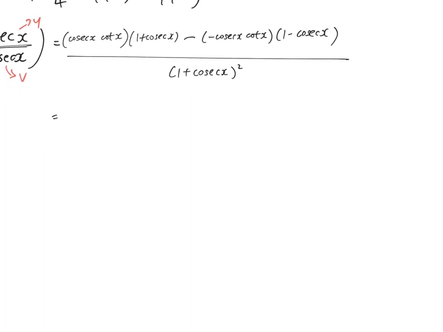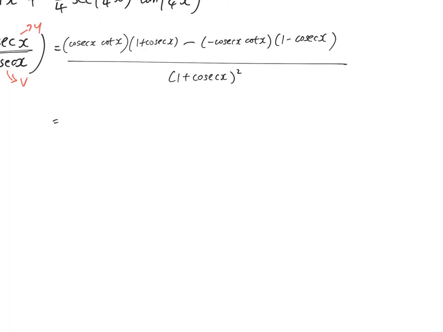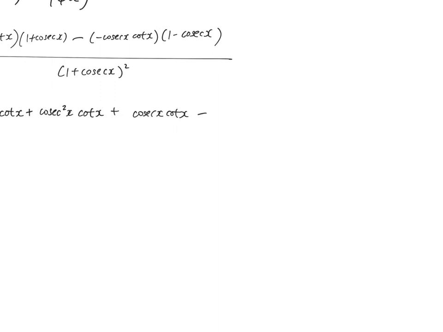Simplify this, where basically you have cosecant x cotangent x plus cosecant squared x cotangent x, plus over here you have cosecant x cotangent x minus cosecant squared x cotangent x.